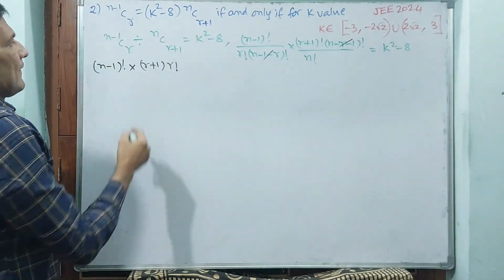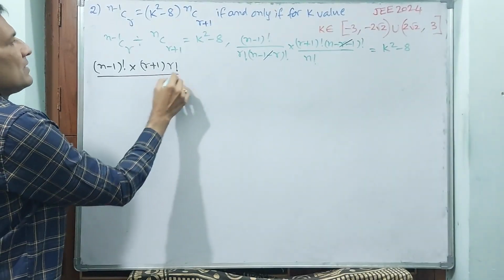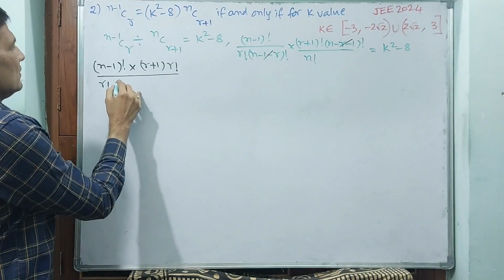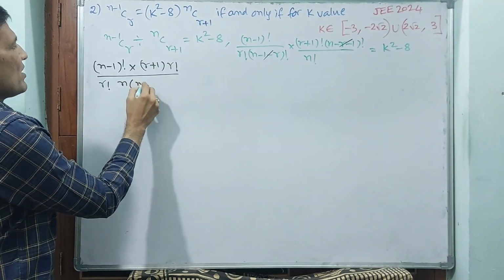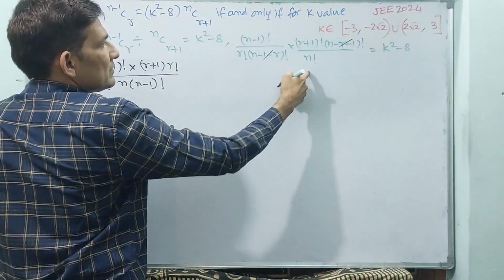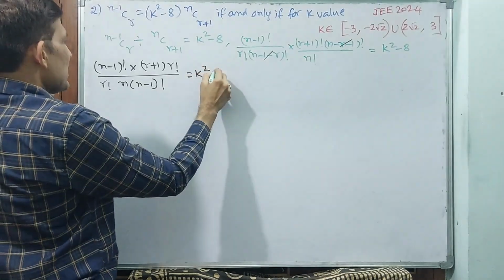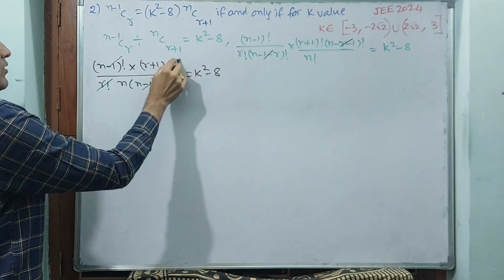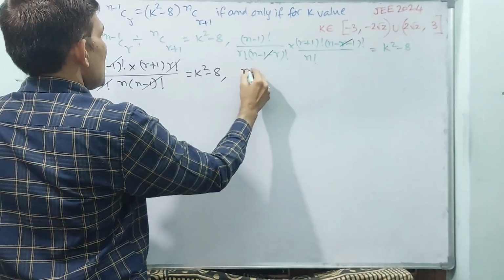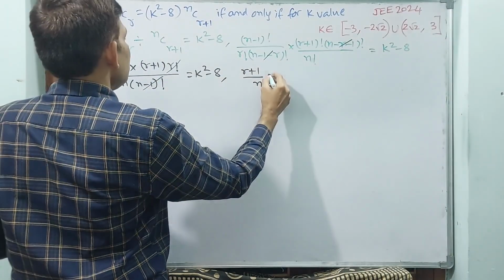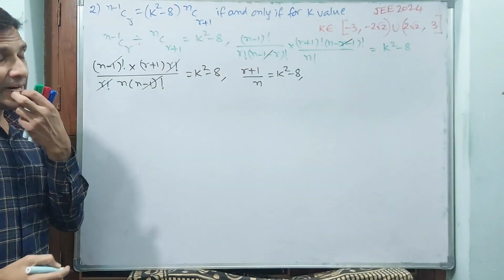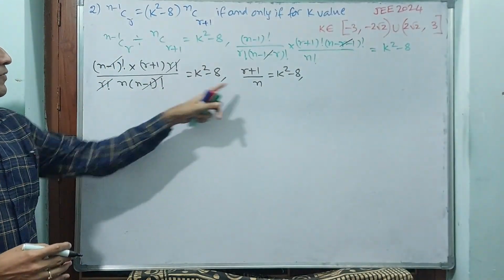And divided by r factorial, n into (n minus 1) factorial. That is equal to k square minus 8. See now, (n minus 1) factorial, (n minus 1) factorial, r factorial, if I cancel, (r plus 1) by n is equal to k square minus 8. Okay, this result will come. Now here, no factorial.